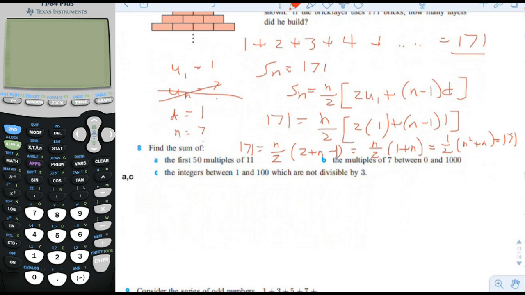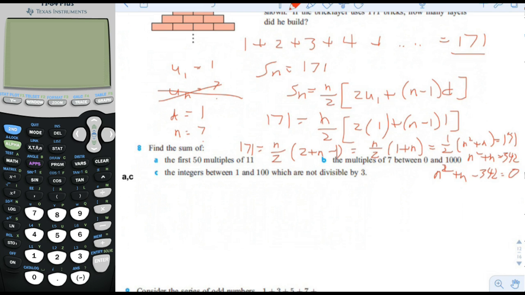So now we can use algebra to make this into a quadratic. So we're going to multiply both sides by 2, and we'll have n squared plus n equals, and if we multiply this by 2, we'll get 342. Okay, and then that's equal to n squared plus n minus 342, and then that's equal to 0.